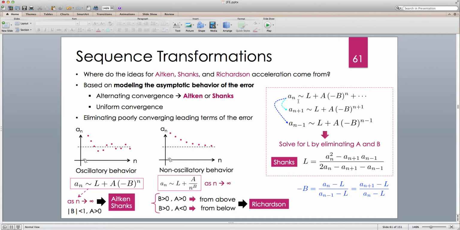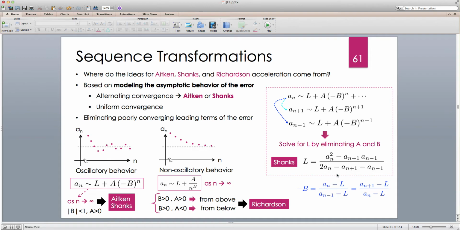Now if I bring l to the other side, a_n minus l, a_(n+1) minus l, okay, and then divide these two, I get minus b equal to (a_(n+1) minus l) divided by (a_n minus l). And I can do the same thing for the nth term and the (n minus 1) term, right? Again, bring the l to the left side, (a_n minus l) divided by (a_(n-1) minus l), and it gives you minus b, all right?